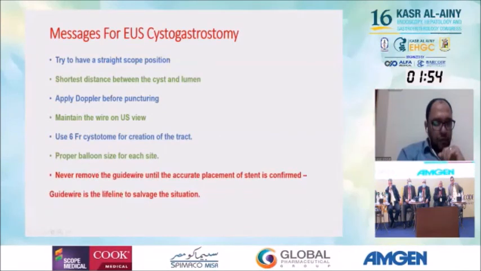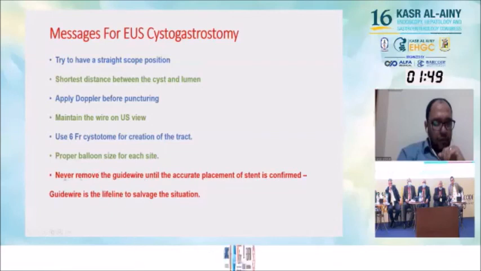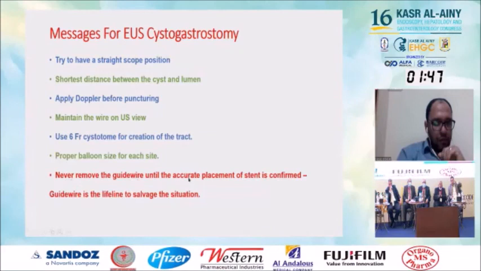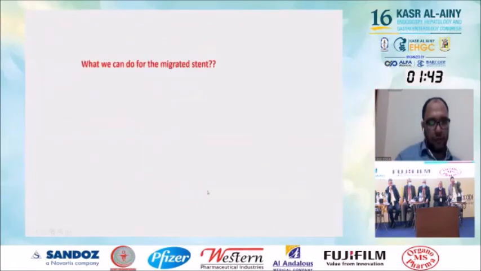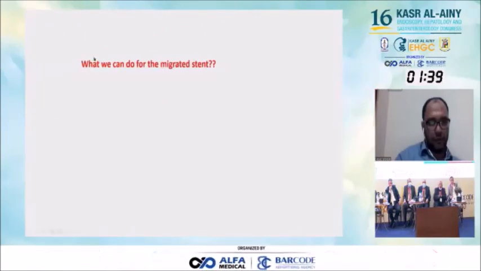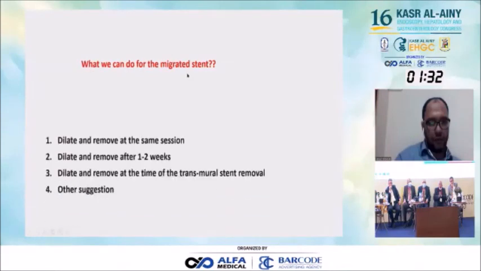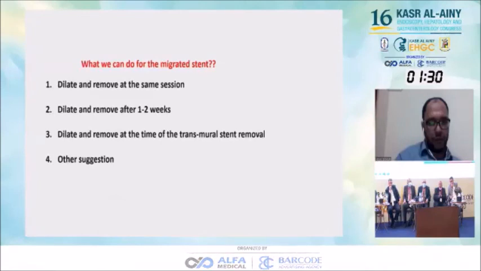The most important message in our case is to never remove the guide wire until the accurate placement of the stent is confirmed. Lastly, I need your opinion. In our case, what can we do for this internally migrated stent?